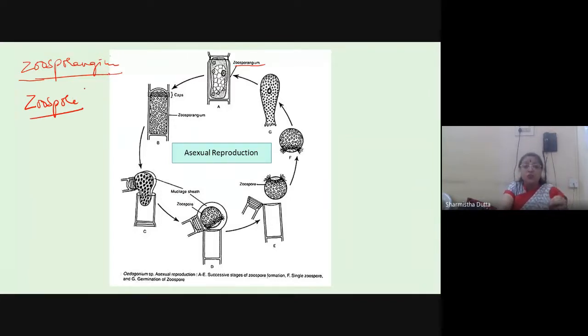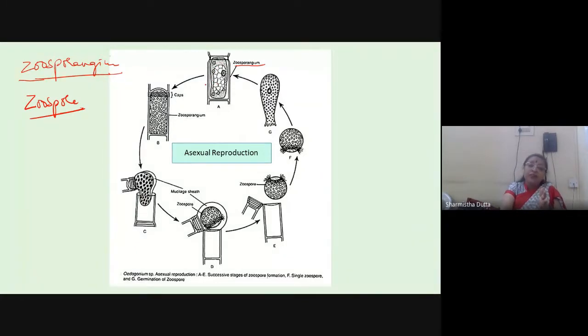Now this zoosporangium develops zoospore. Now how does the zoospore form? The cytoplasmic content which is lining the cell wall, the cell membrane, is forming a primordial utricle.